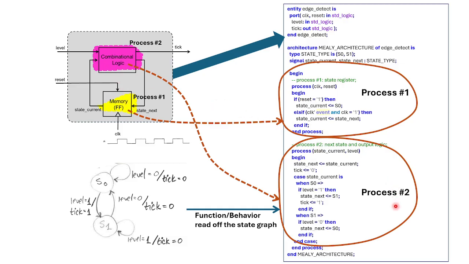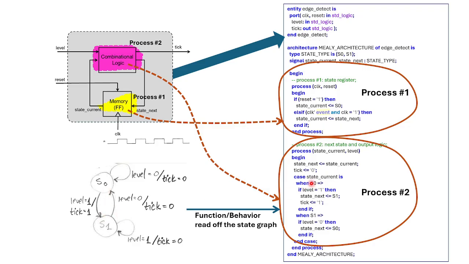The other process describes this combinational logic that really can be very easily read off the finite state machine state graph that I copied here. It's a very simple case statement with two when branches, one for each of the states.